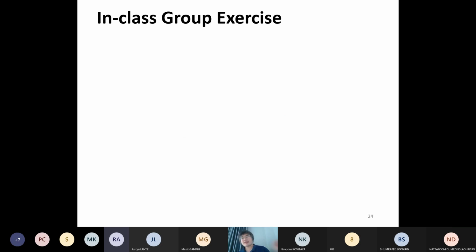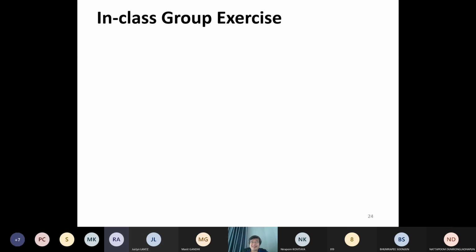To make this a little bit more clear, we'll end the class with this. This is our first in-class, but it's a group exercise, so you all will work together. Any preference on Discord or here? I figured Discord is a little bit easier to yell things out loud, and I can be there to help and guide you.